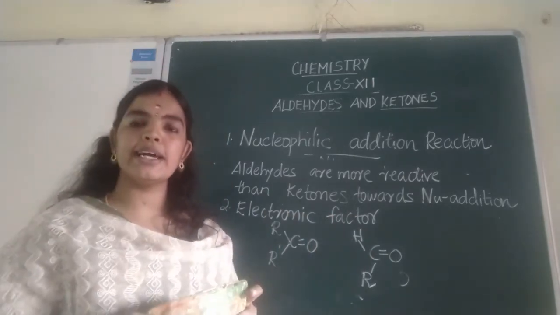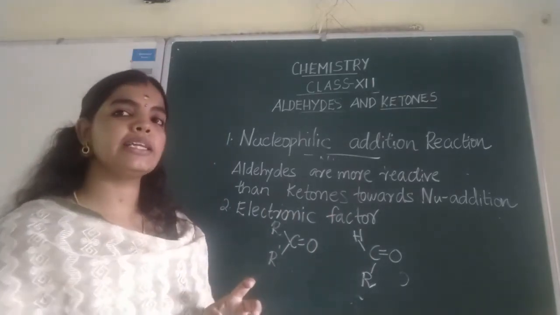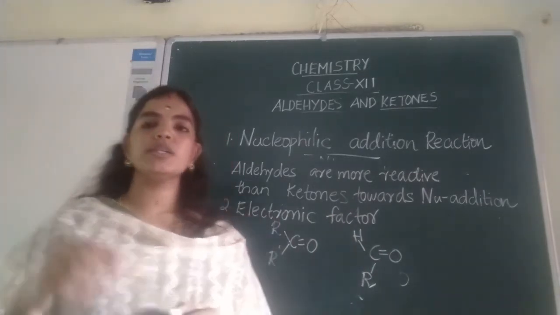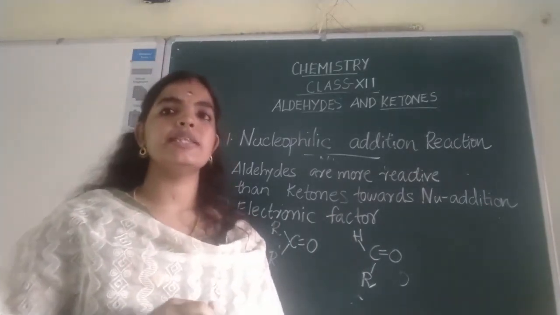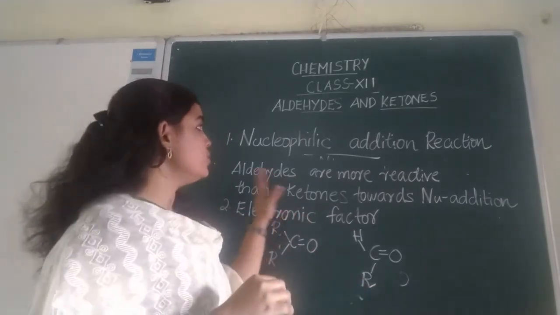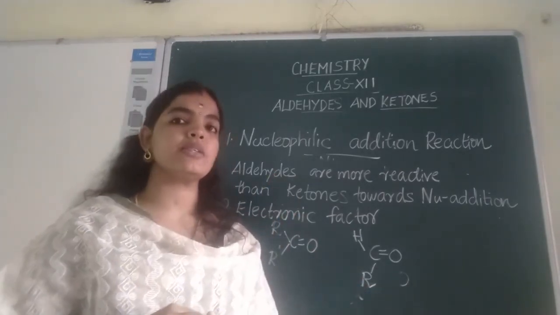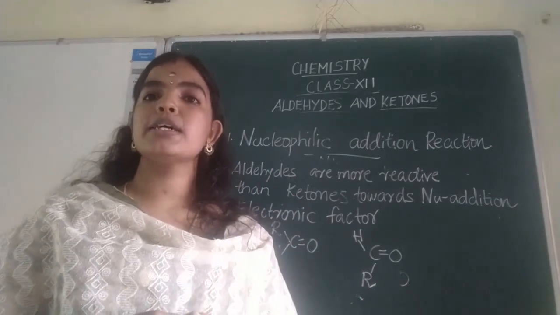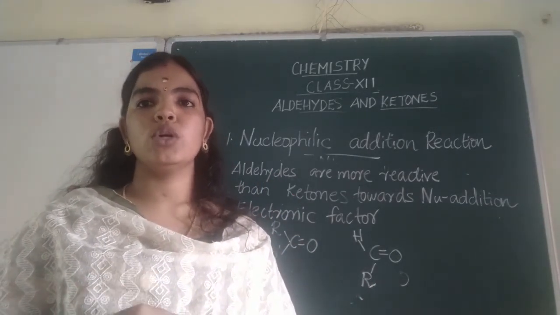So is that clear, why aldehydes are more reactive compared to ketones towards nucleophilic addition reaction? These are the reasons. From this topic, generally in nucleophilic addition reactions, questions are asked: why are aldehydes more reactive than ketones, what are the reasons?